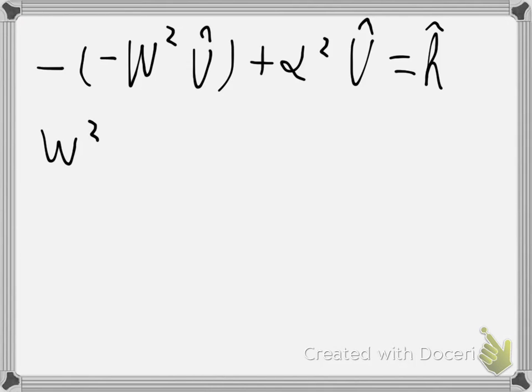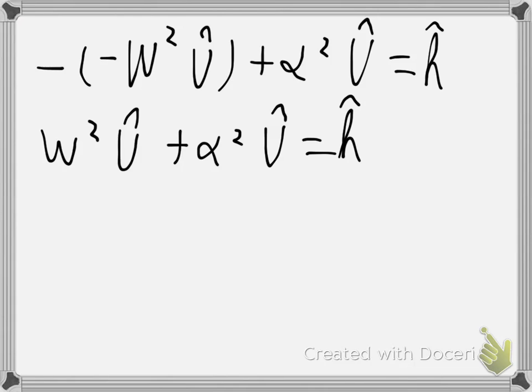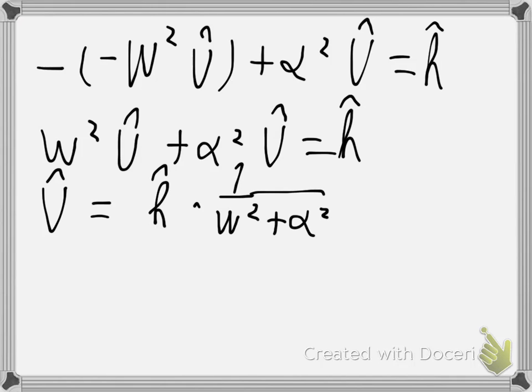So we get omega squared u hat plus alpha squared u hat is equal to h hat. Okay. So we'll get that u hat is equal to h hat times 1 over omega squared plus alpha squared.